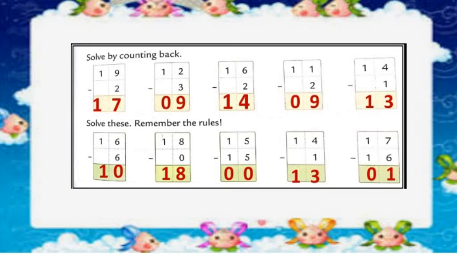We have to make 16 steps backward counting. After finishing the counting, you observe that we reach at number 1. So it is our answer, but how do we have to copy the answer? Write 0, 1. You have to write number 1 in this column and 0 in this column.